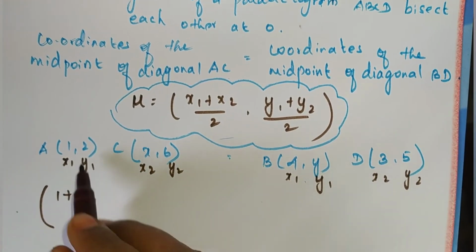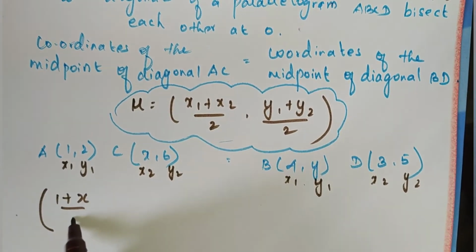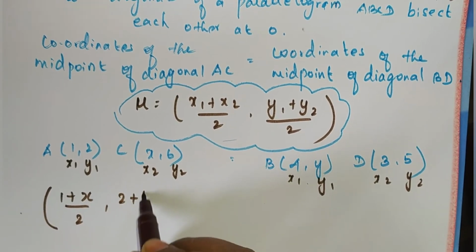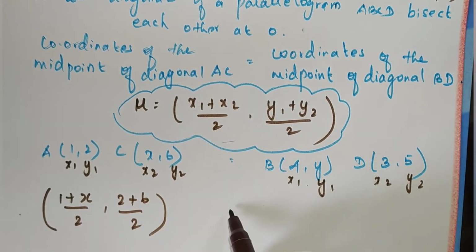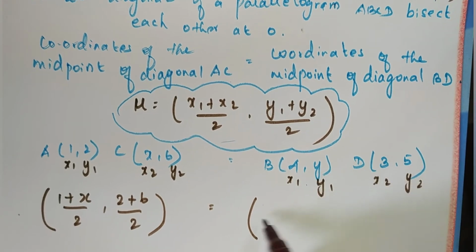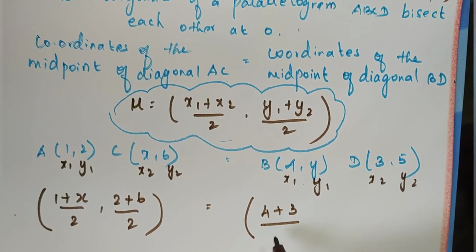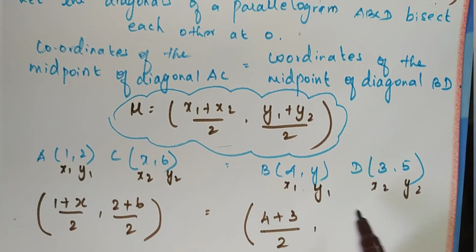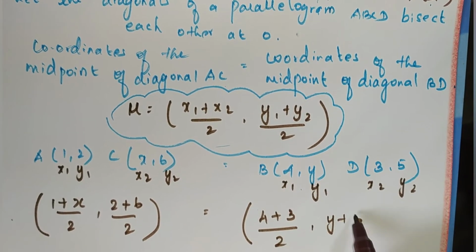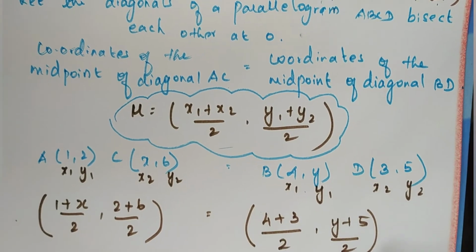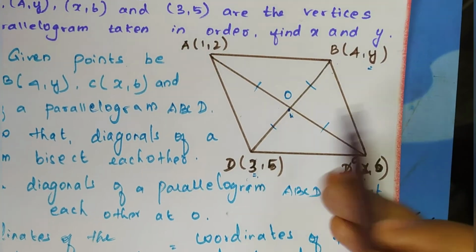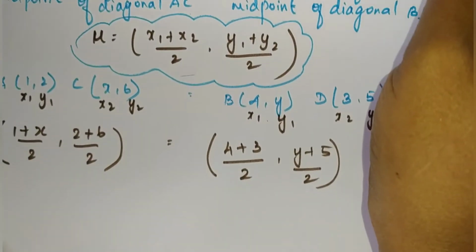(1 plus x) divided by 2, comma (2 plus 6) divided by 2. On this side, (4 plus 3) divided by 2 and (y plus 5) divided by 2. Both are equal since the point O is the same. Okay, they bisect each other.